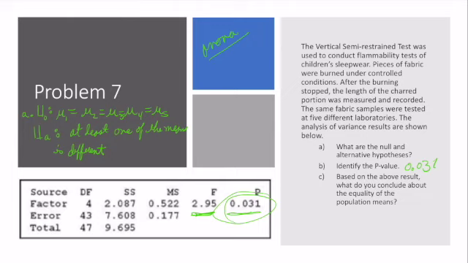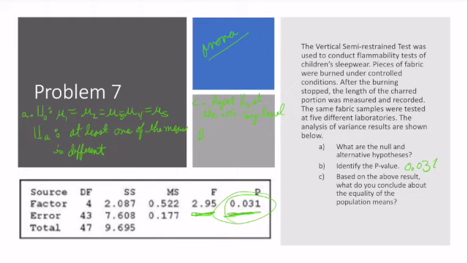So let's do this for two significance levels. What are my two significance levels? 0.05 and 0.01. If I look at the 0.05 significance level, because 0.031 is less than 0.05, I reject my H naught at the 0.05 significance level. But what if my significance level is 0.01?